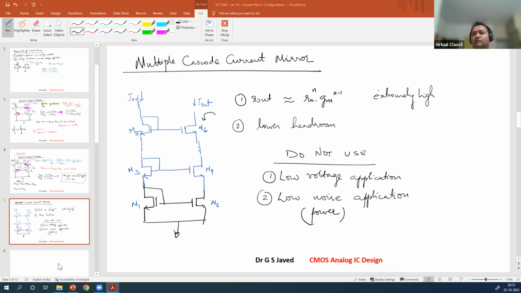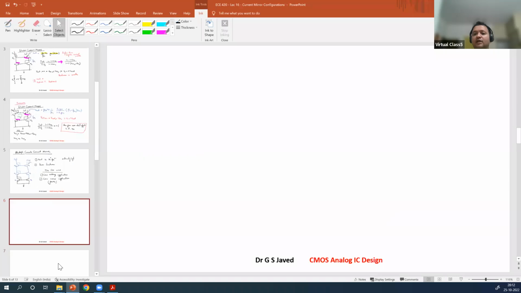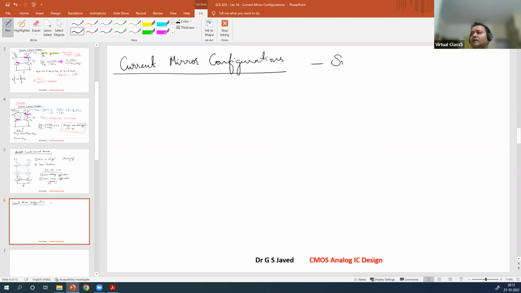Now that we have learned all four, let us do a quick summary of the current mirror configurations, to understand how easy it is to follow.